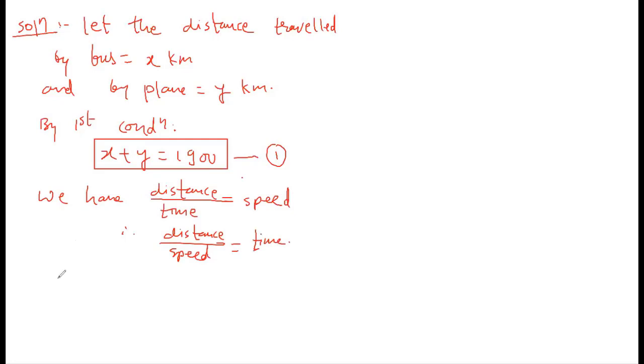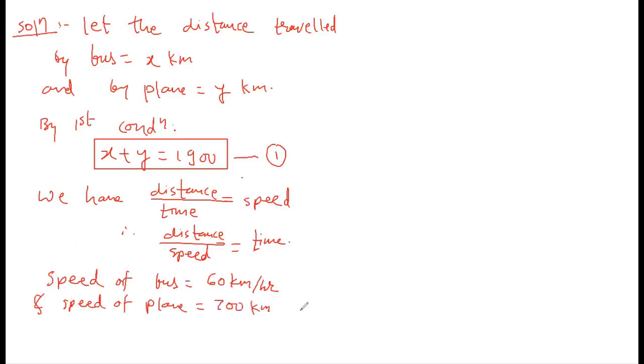The speed of bus is 60 km per hour and the speed of plane equals 700 km per hour. So let's fit these values in our formula.